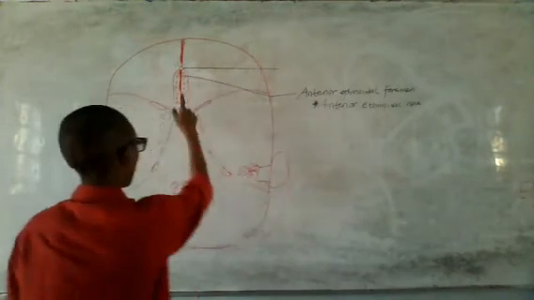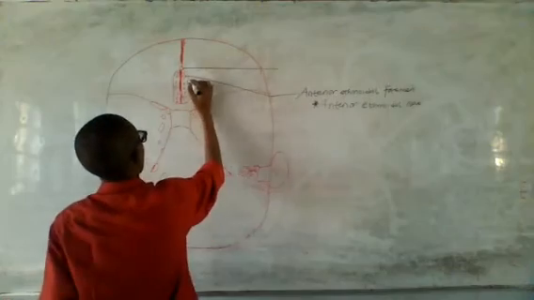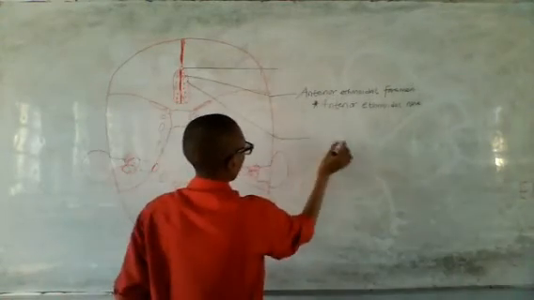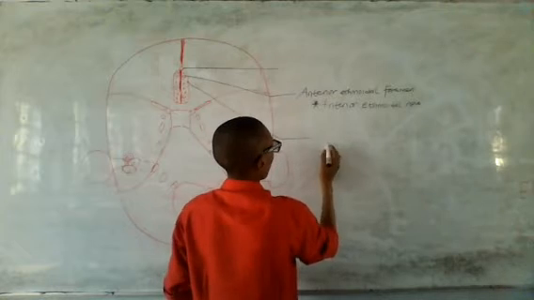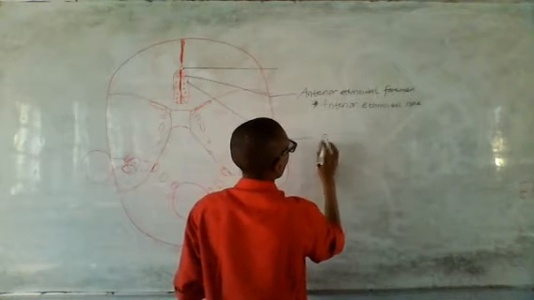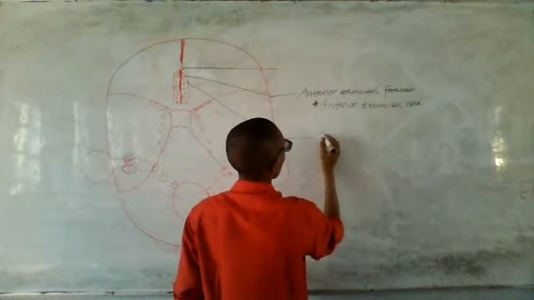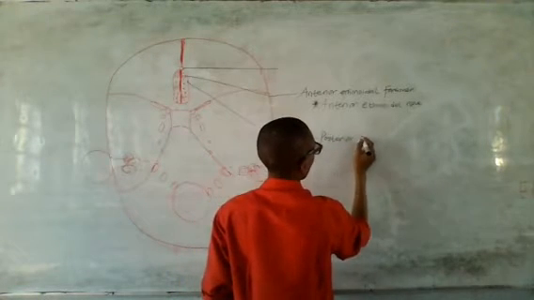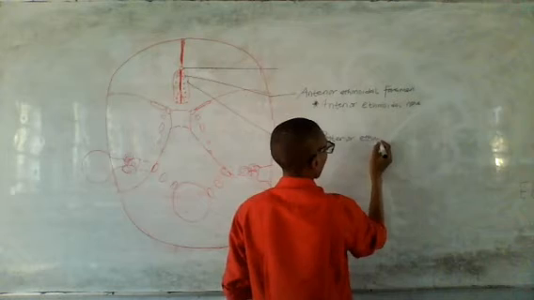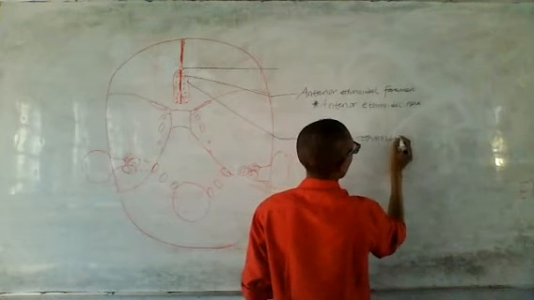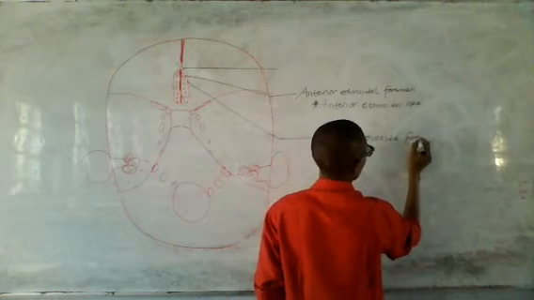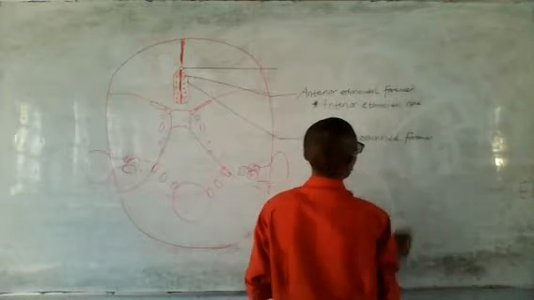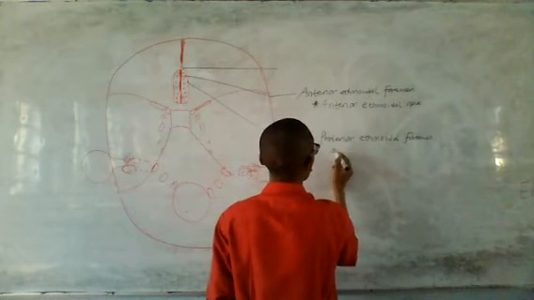So now from there, you're going to find the posterior ethmoidal foramen. And the structure that passes through it corresponds to the name.